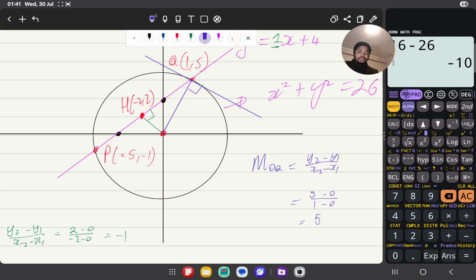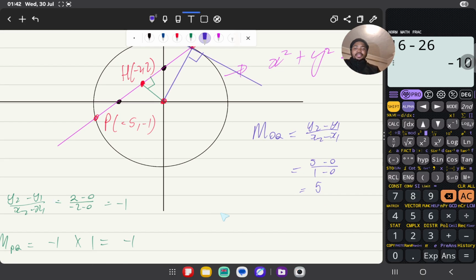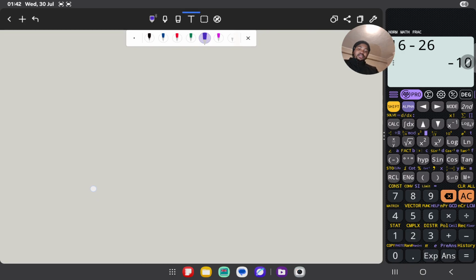So now I'm going to say that the gradient of OQ multiplied by the gradient of the tangent equals minus 1.